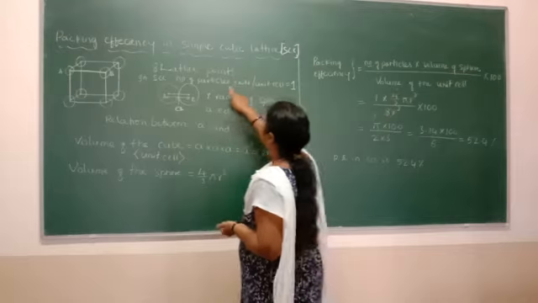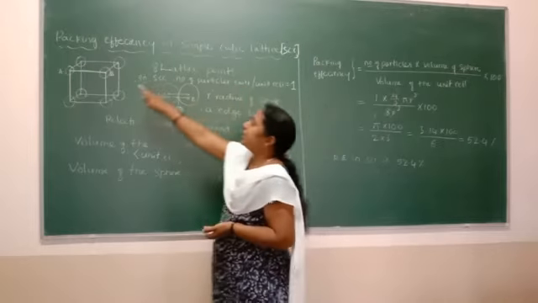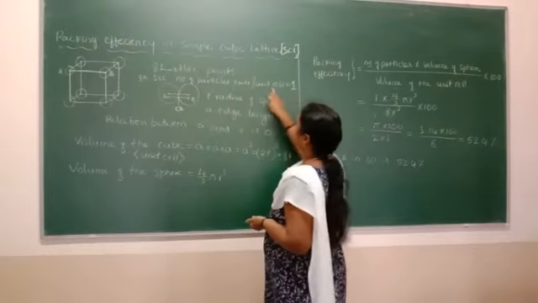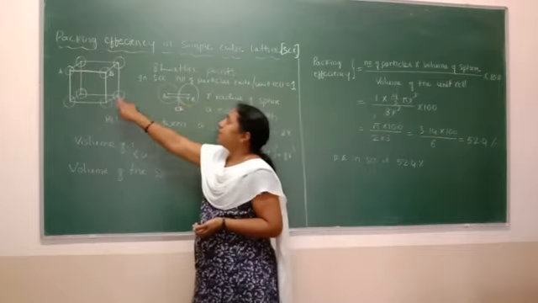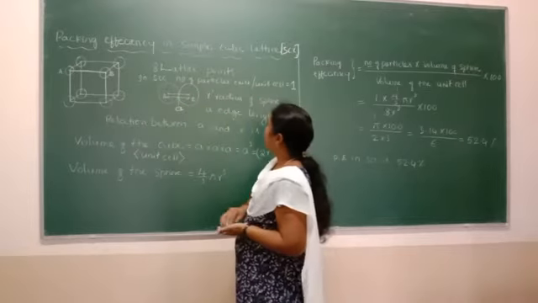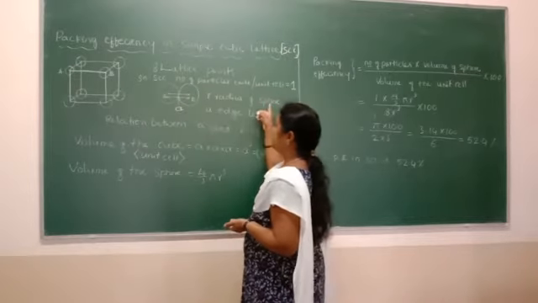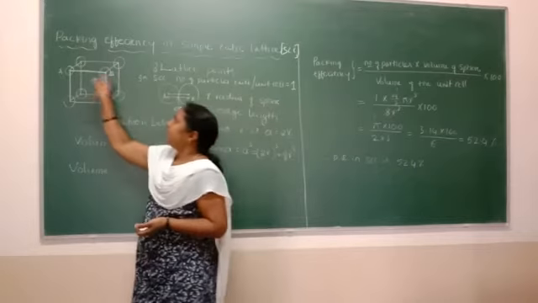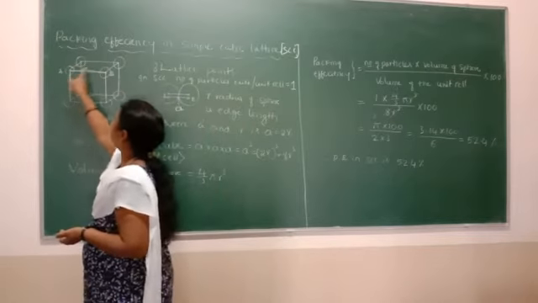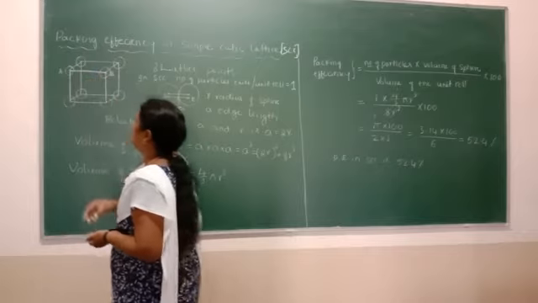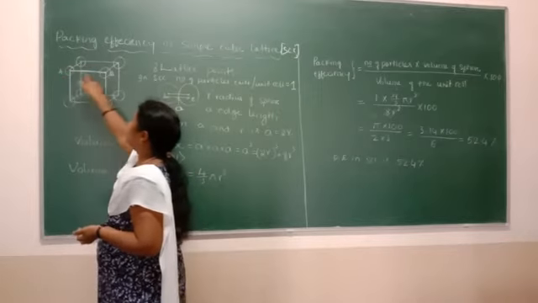What is the radius of this sphere? Let R be the radius of the sphere, and in this unit cell, from A to B is called the edge length.